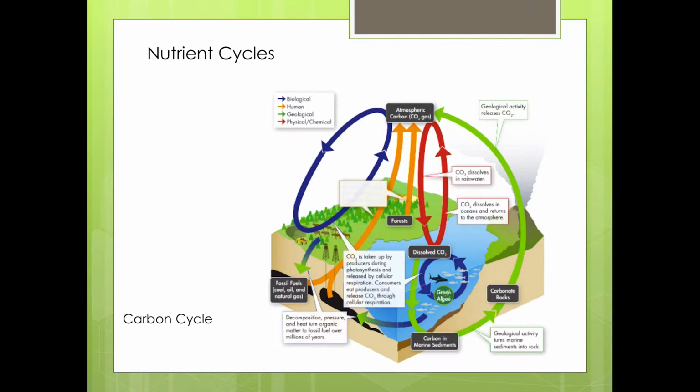And that blade of grass is eaten by a cow, which takes that glucose and uses it for energy in its own cells. And then human beings will kill the cow and eat it, and then they get the carbon. And then that carbon is breathed out as they breathe out carbon dioxide gas back into the atmosphere, only to be recycled over and over again.